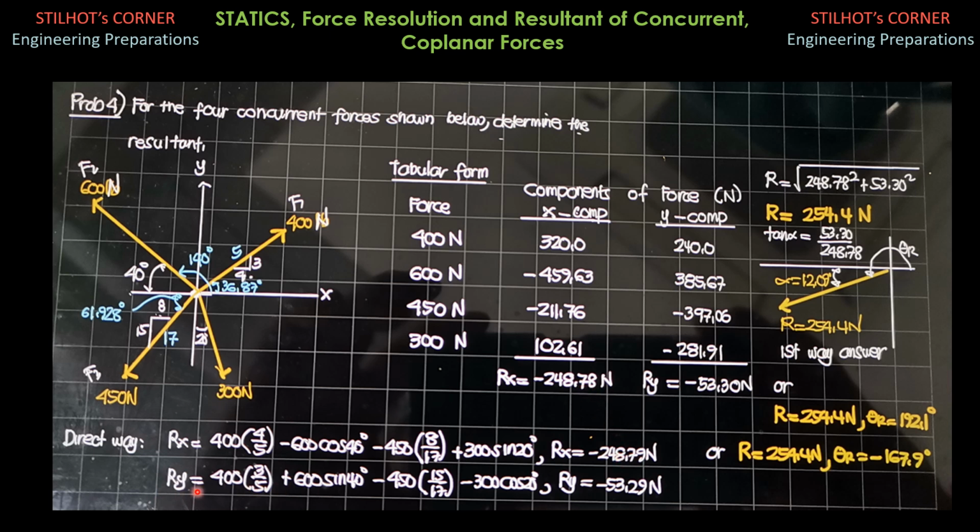Then Ry is summation of Fy: 400 times 3 over 5, positive, plus 600 sine of 40 degrees, then minus 450 times 15 over 17, minus 300 cosine of 20 degrees, and that is negative 53.29 newtons, which is practically equal to that. So the rest would be similar to this solution. So that's it for this problem.